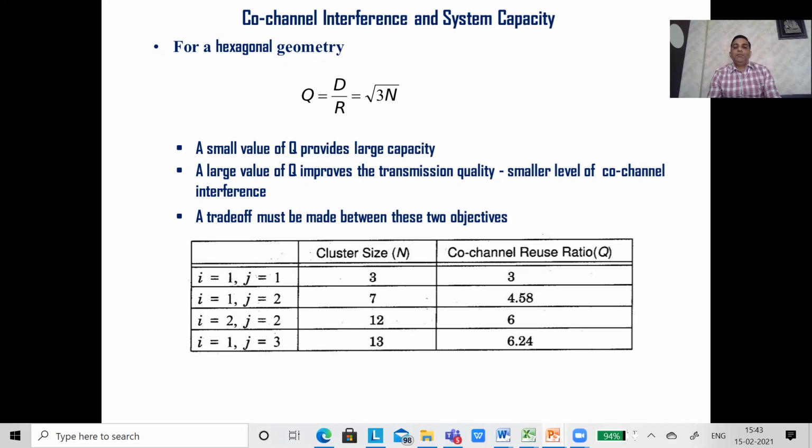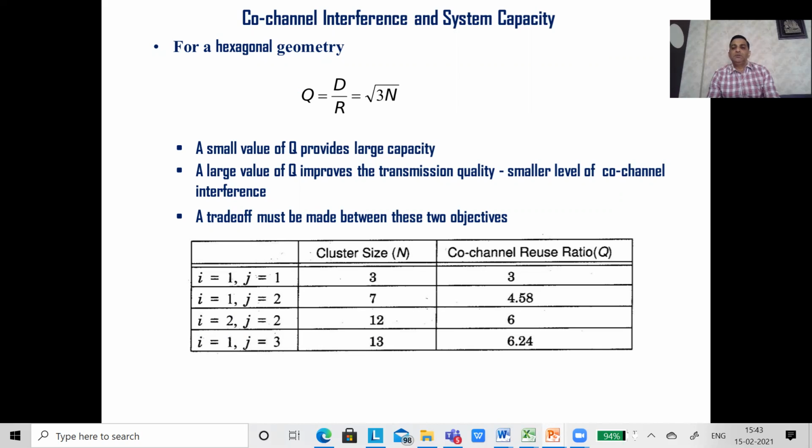A trade-off must be made between these two objectives, right? There should be a trade-off, because when we increase Q, naturally there is an increase in cluster size, but an increase in cluster size may reduce the capacity of the network, right? While the increase of Q will affect the interference.